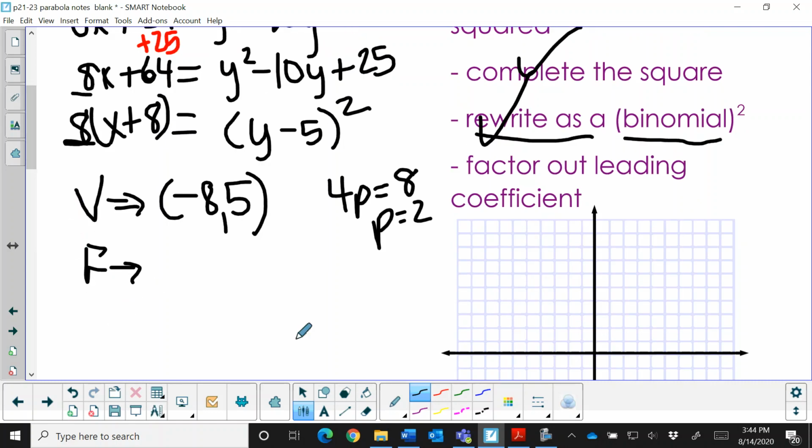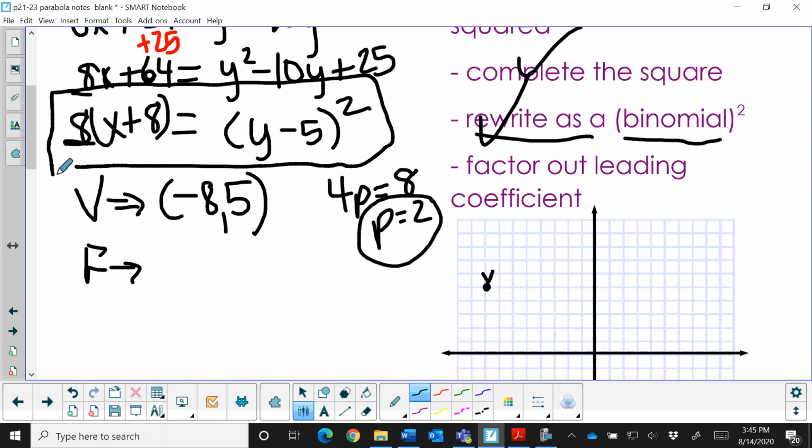So now I'm going to go to my graph. I'm going to plot negative 8, 1, 2, 3, 4, 5. I know that is my vertex, so I'll call it V. My p is positive, so I'm going to go either up or to the right, depending on which way this faces. Let's go back and look. This one is a y squared, which means it's a left-right facer. So it's going to face to the right, so my focus will be 2 to the right.